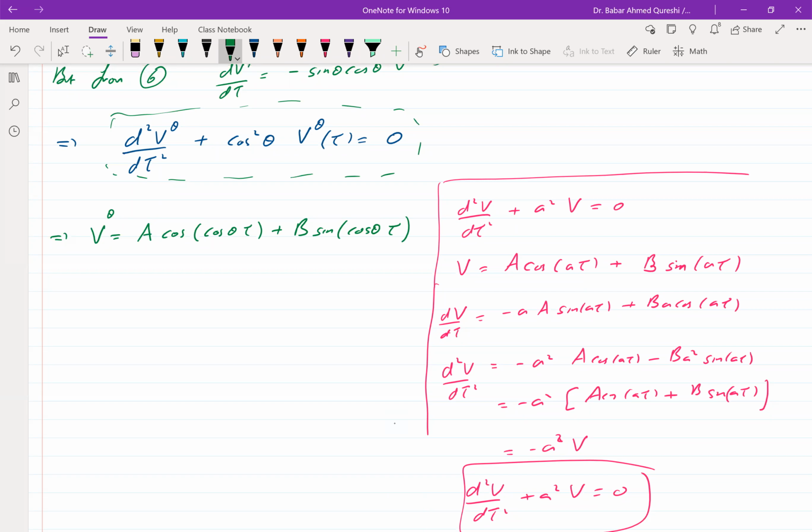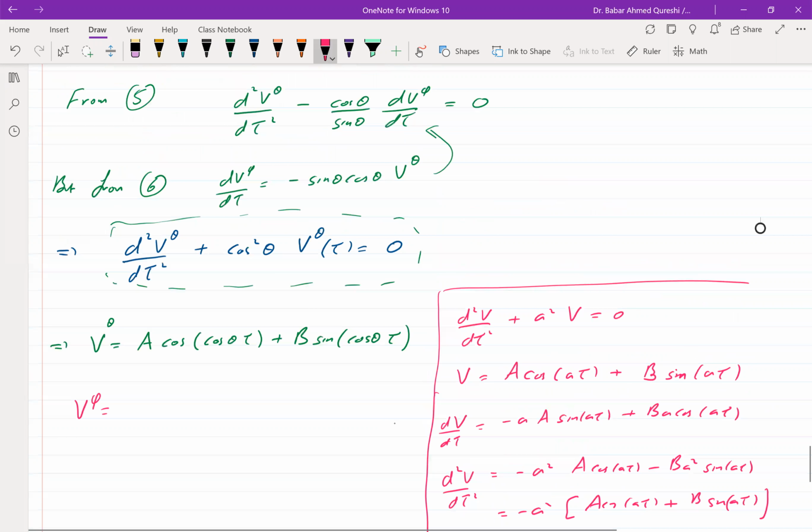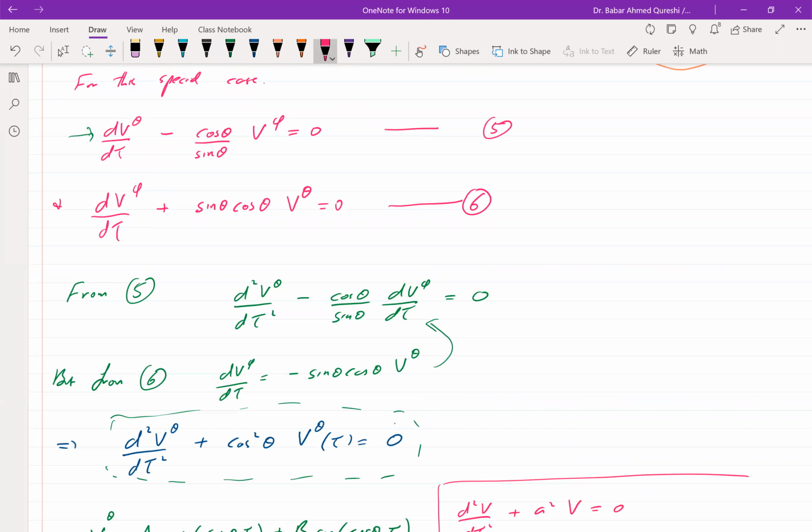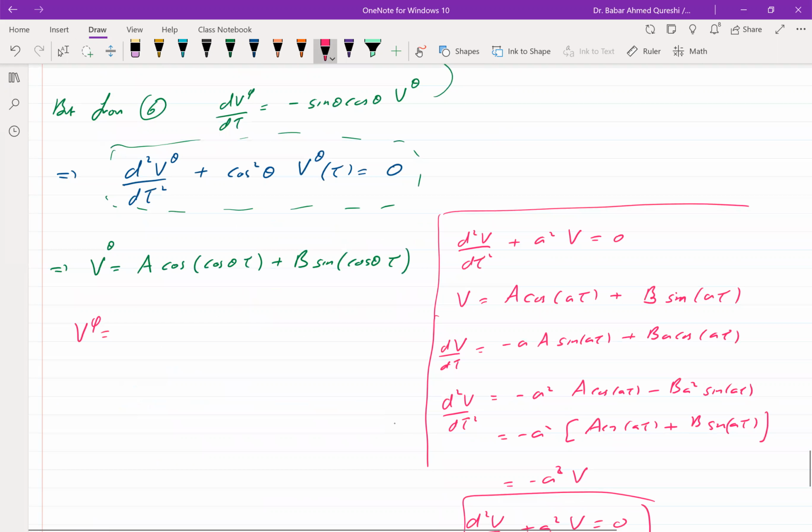So then you can find V phi directly, because V phi, from equation 5, I just have to take a derivative. V phi is sine theta cosine theta d by d tau of V theta.